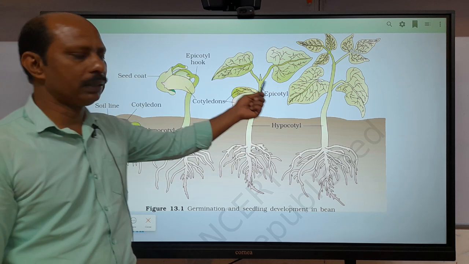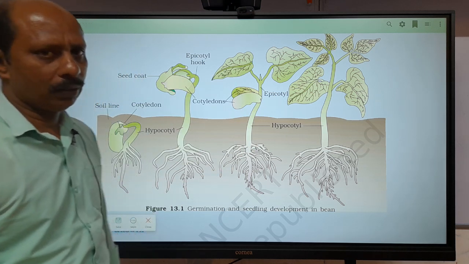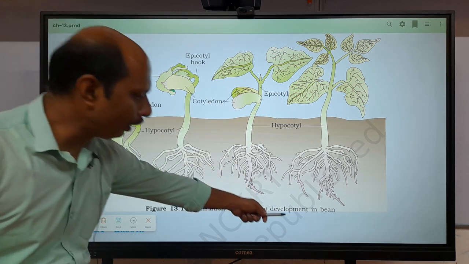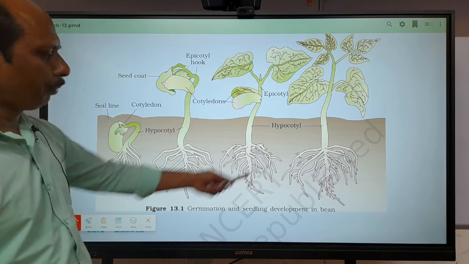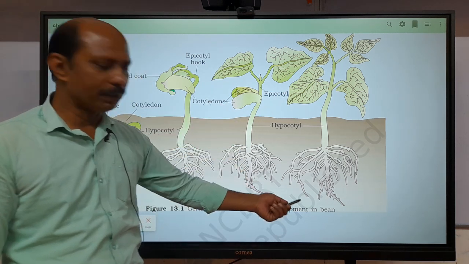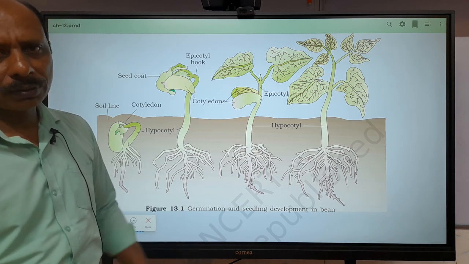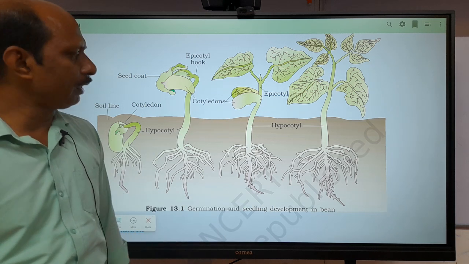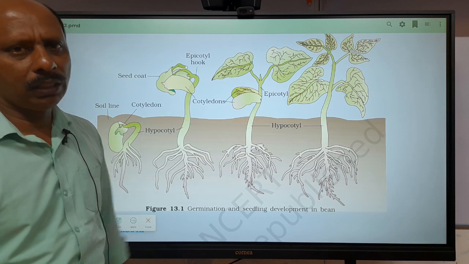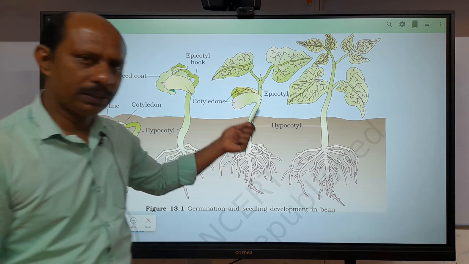Bean, neem, you know neem trees, show epigeal germination. Grams or peas show the hypogeal mode of germination.